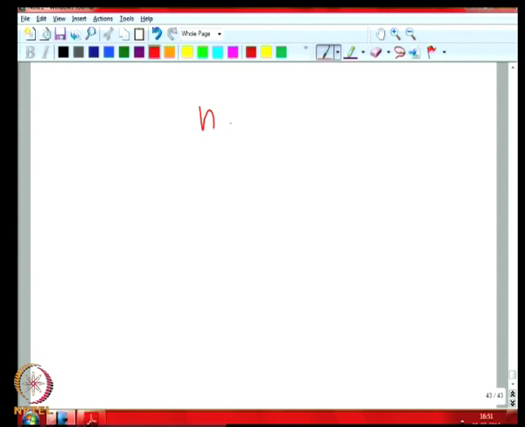If n is of the form 3m square minus m by 2, then it will not be equal.